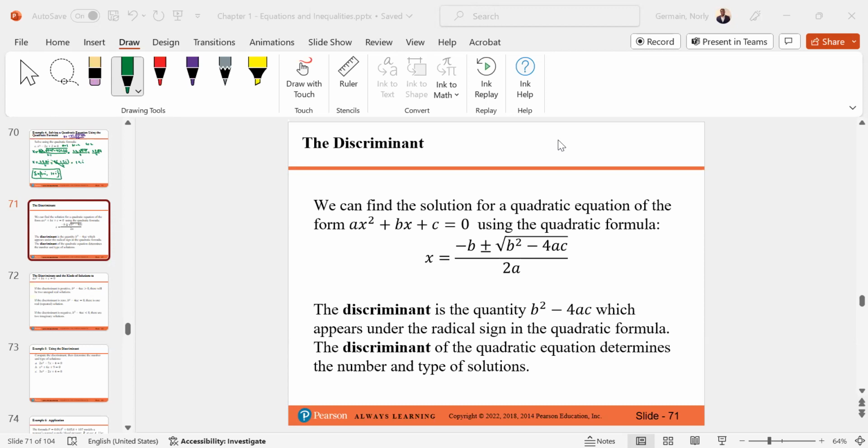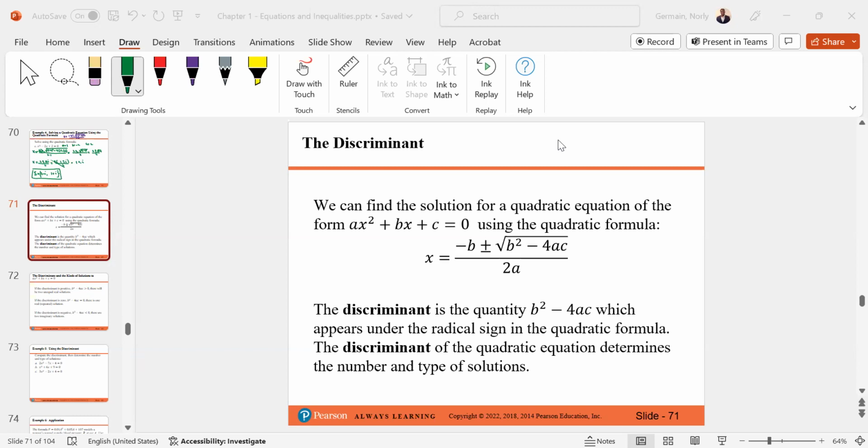Pay attention if b squared minus 4ac is either 0, equal to a positive number, or equal to a negative number.